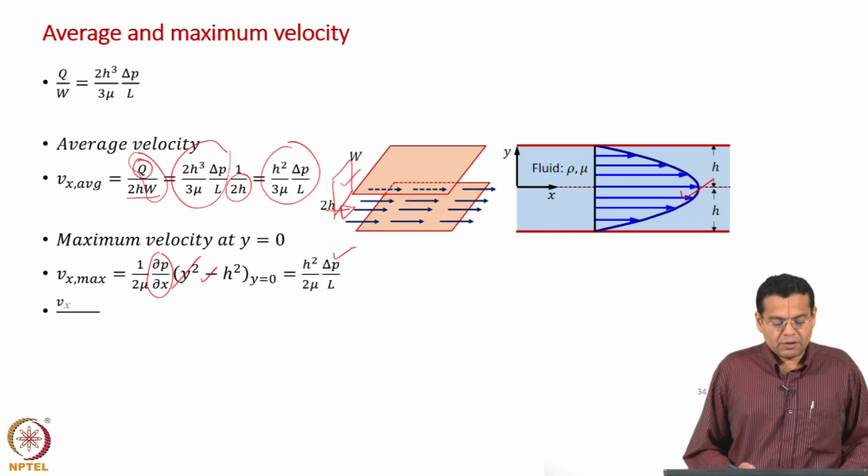You can also find the ratio of this maximum velocity to the average velocity, which is 3 by 2. So the maximum is 1.5 times the average velocity.